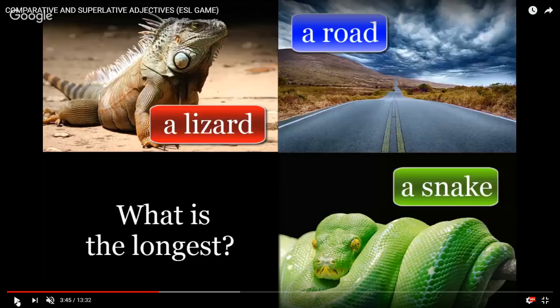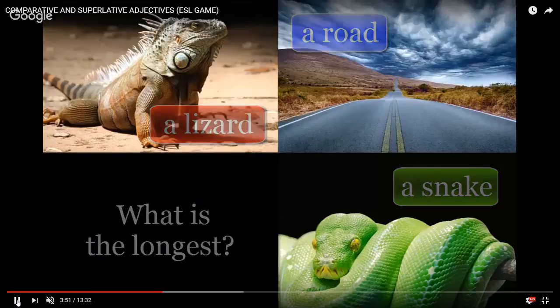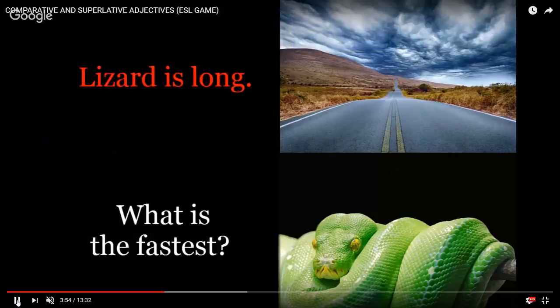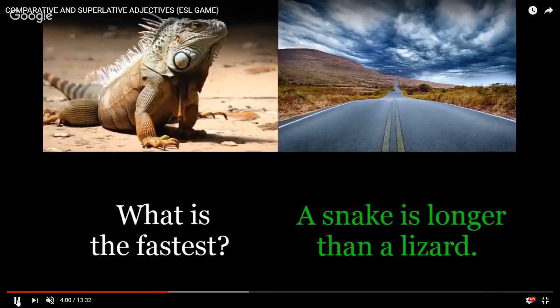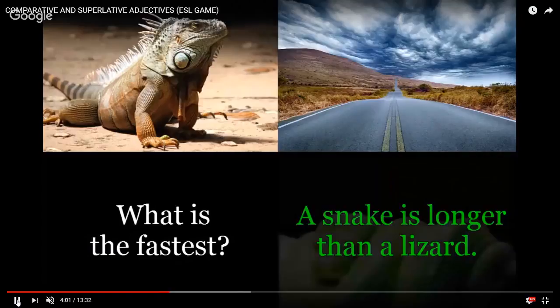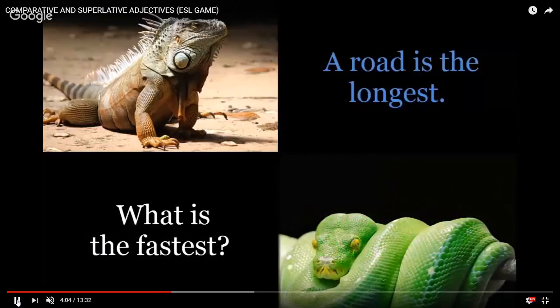The superlative is a road is the longest. All right. So we got lizard is long. The comparative will be the snake is longer than a lizard. And finally, we got the superlative. A road is the longest. Longest. Okay.